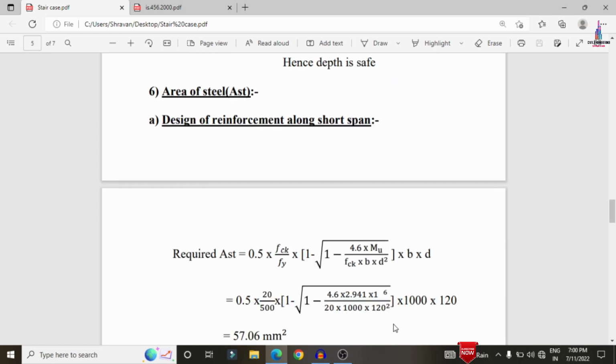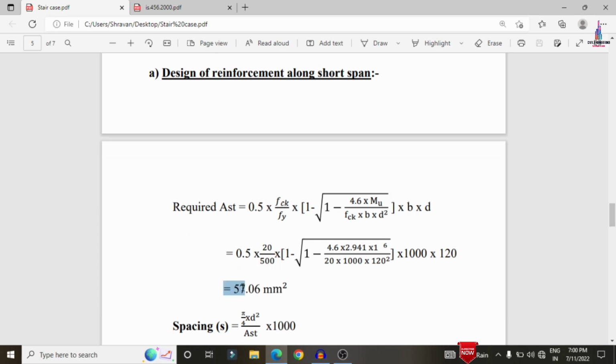If you substitute the values of the grade of concrete, the grade of steel, the bending moment value and the depth, we get the Ast required as approximately 5706 mm square.